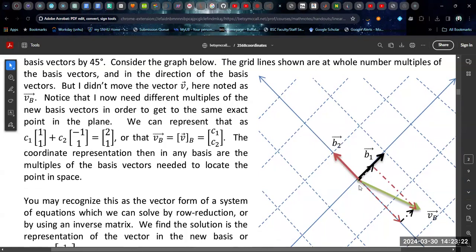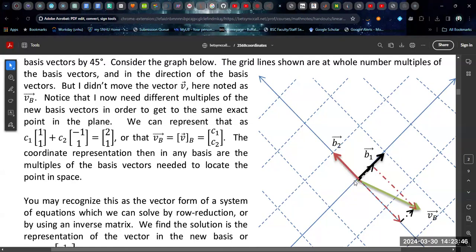Instead of based on E1 and E2, we're creating a grid based on B1 and B2. And so B1 in the standard basis would be 1 over and 1 up. That would give me this vector. And in the standard basis, that would give me 1 over and 1 up in the other direction. That would give me B2.